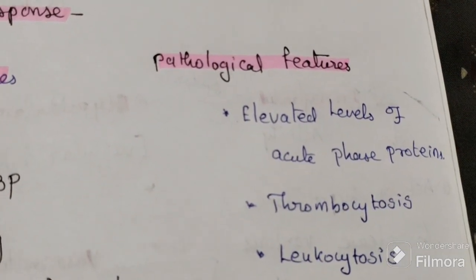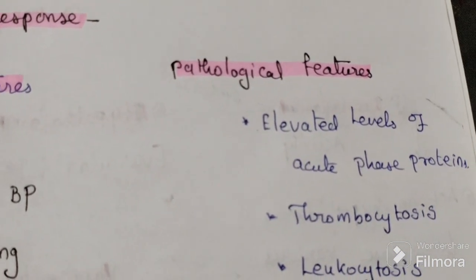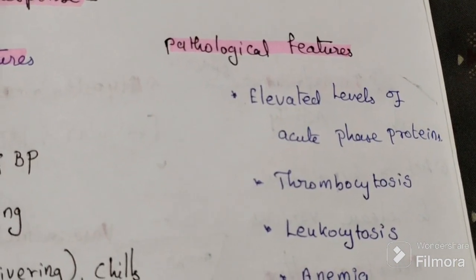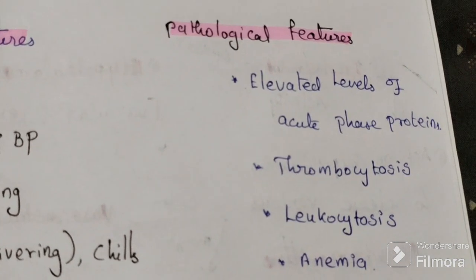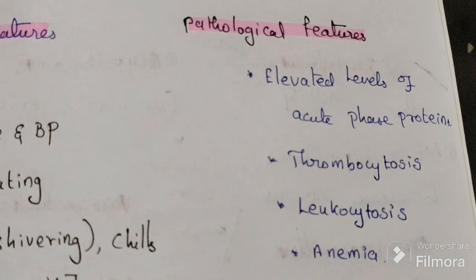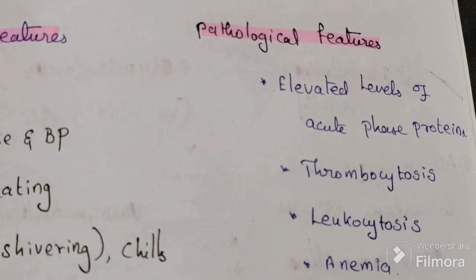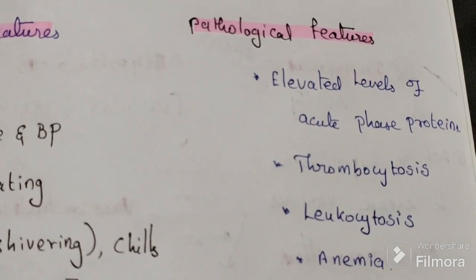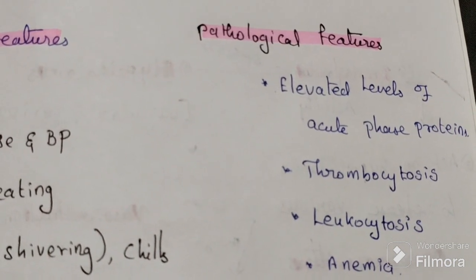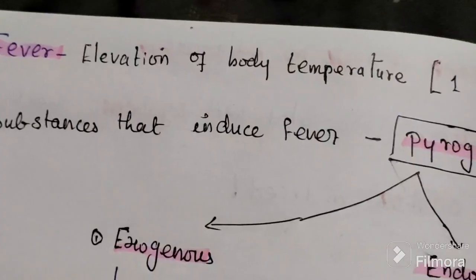They include elevated levels of acute phase proteins, and investigations which can show thrombocytosis, leukocytosis, and in long-standing causes even anemia.